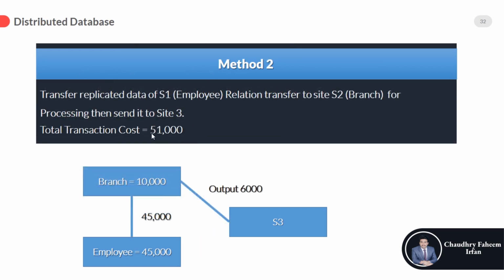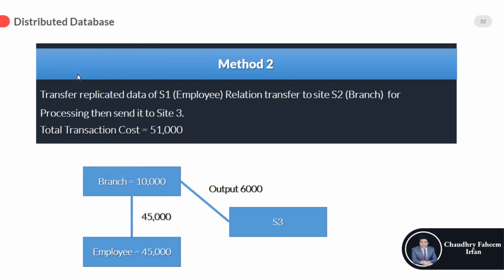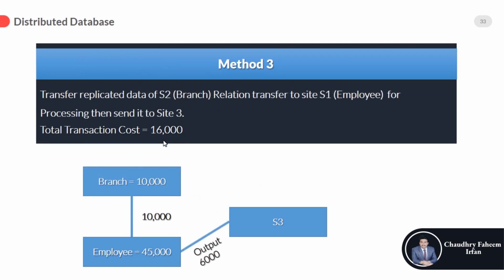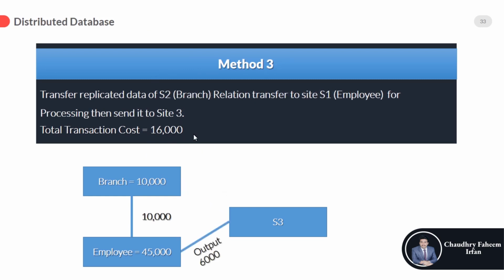Only 4,000 bytes less than method 1 gives 51,000, but here there is a hell of a difference, that is 16,000 bytes. So 16,000 bytes is the cost. We can say that the difference from method 2 is 35,000 bytes.